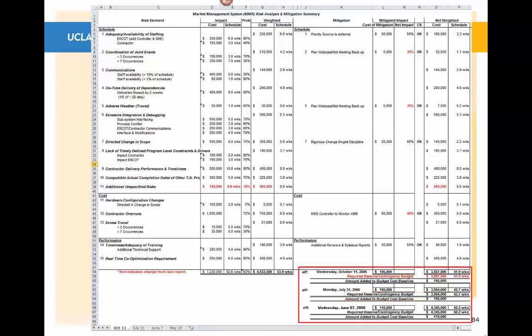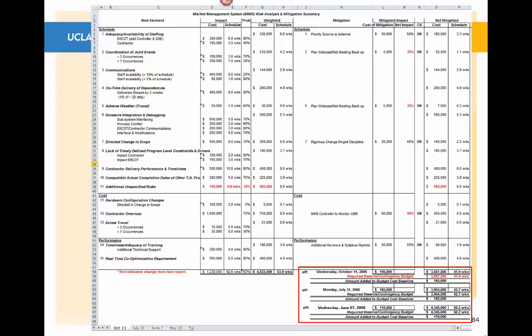Now, if we go over to our total here, we can take a look at where we were on June the 7th at $4.3 million. That dropped down significantly on July 31st to 3.6, and now it's dropped down another almost $400,000 as of October the 11th. So that has come from $4.3 million down to 3.5.